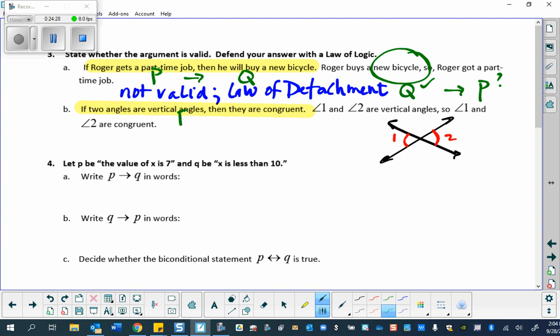So here's our P. If they're vertical angles, then they're congruent. Guess what? Angle 1 and 2 are vertical, so that means that P is true. Can I say that they're congruent? Yes, I can. I can say that they're congruent because P happened. I can say that Q is true too.